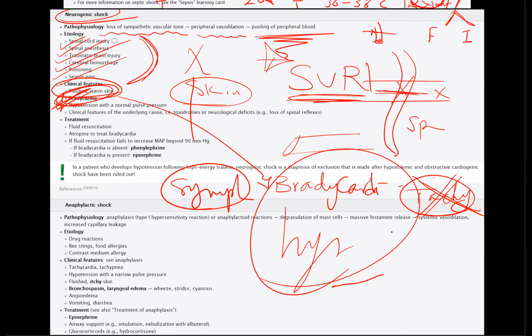The treatment: fluid resuscitation and atropine to treat bradycardia.